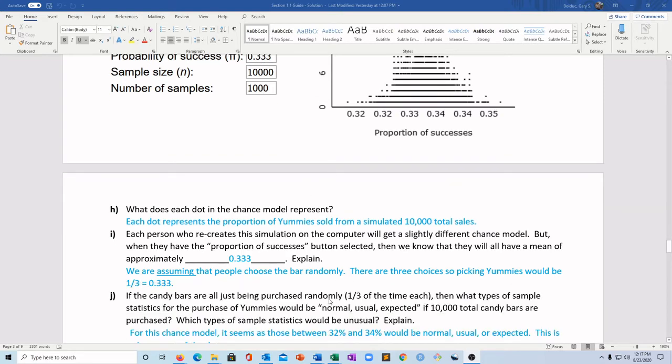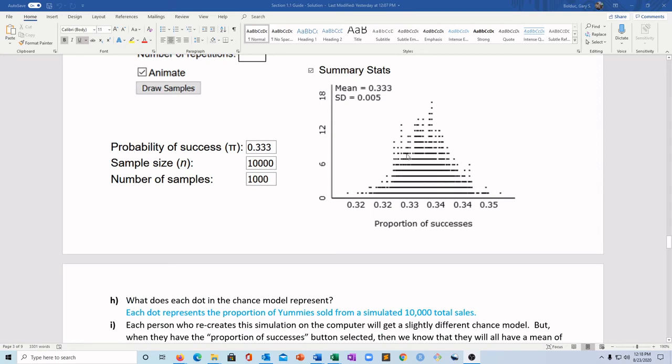If they really are just being purchased randomly, 1/3 of the time each, then what types of sample statistics, or dots here, for the purchase of Yummies would be normal, usual, or expected? So again, we look at the picture and ask, where's the thick of this picture?